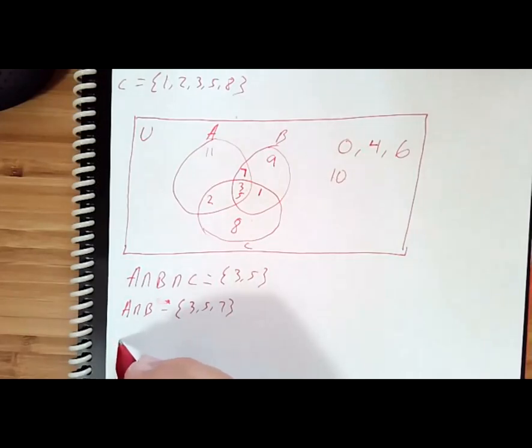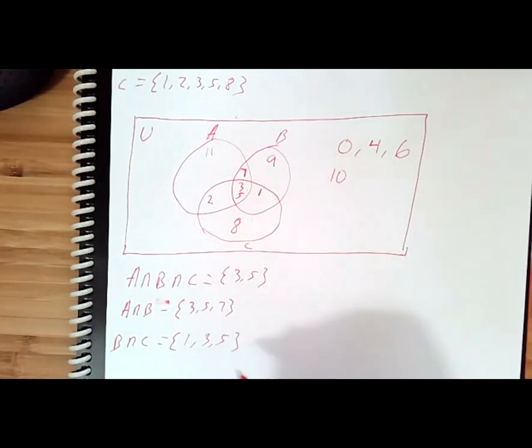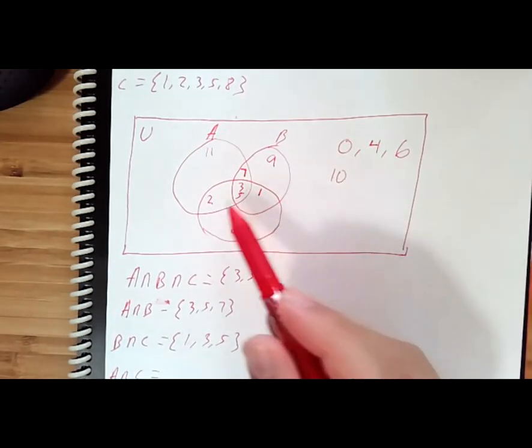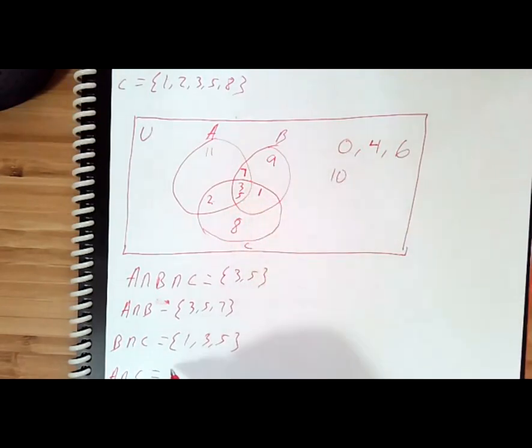Okay. B intersects C would be 1, 3, 5. A intersects C was 2, 3, 5.